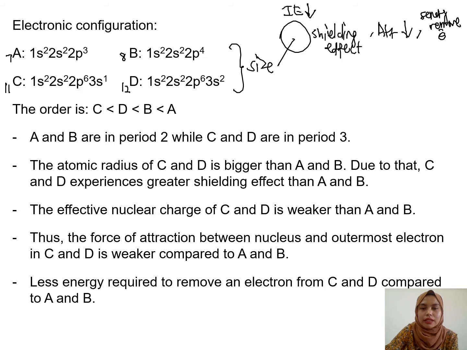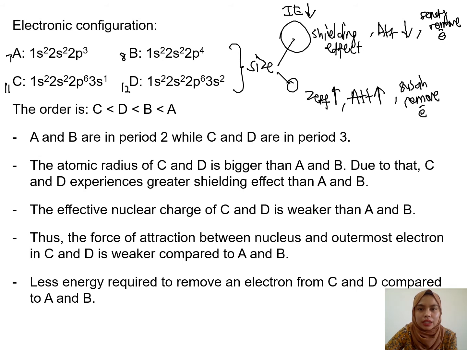Okay, for a smaller size, why? Because the ZEF, effective nuclear charge, is high. So when the effective nuclear charge is high, what happens to the attraction between the nucleus and the outermost shell? The attraction force will be stronger. So when the attraction force is stronger, is it difficult or easy to remove the electron? It is difficult to remove the electron. So when it is difficult, do you need more energy?